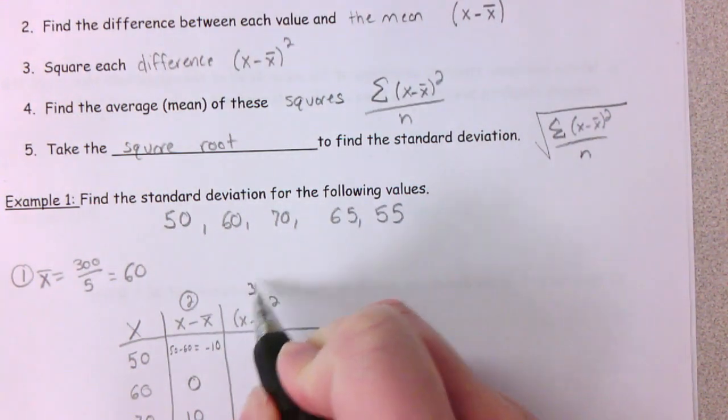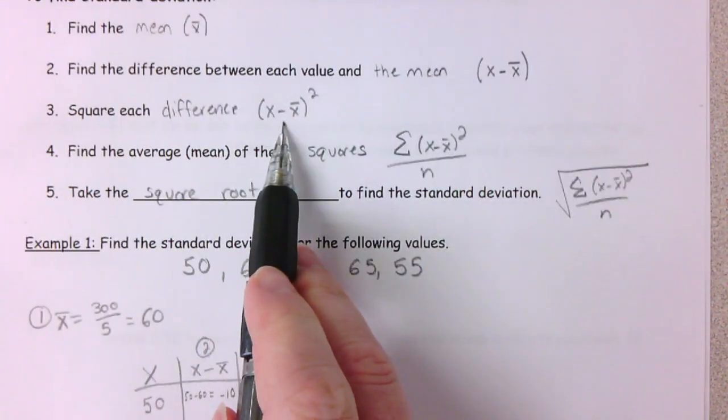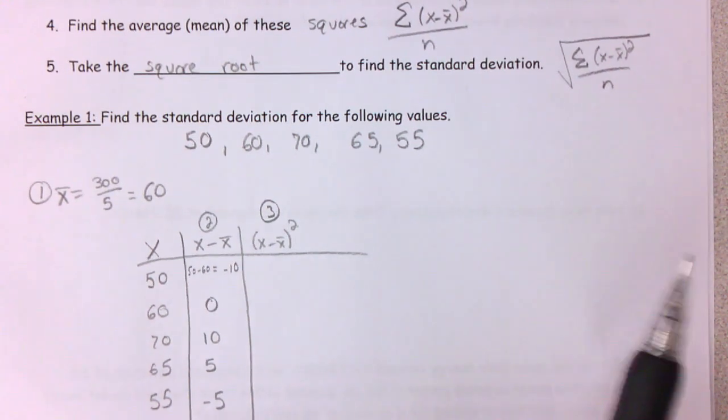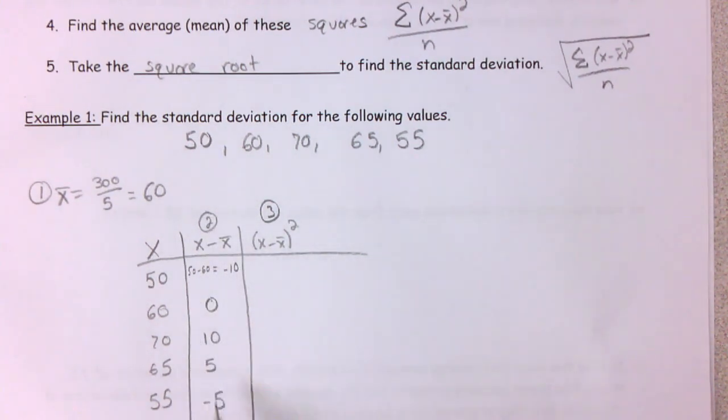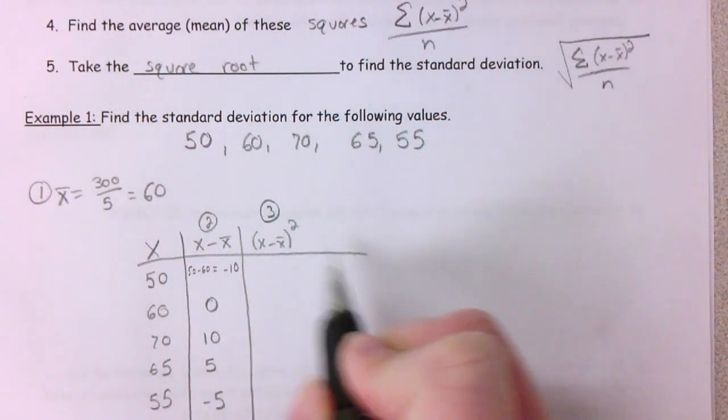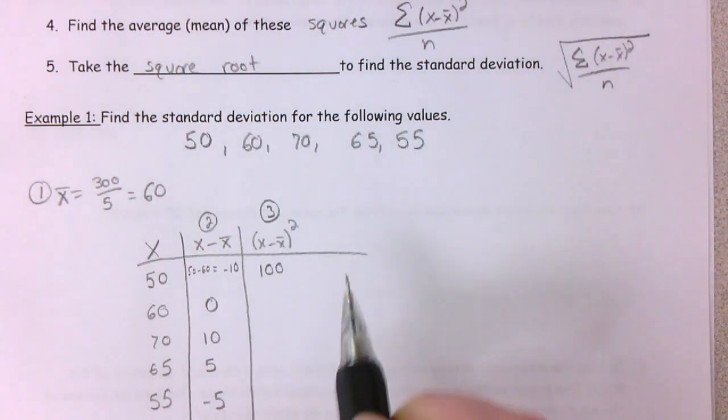Okay? Then step 3 is just to square those numbers. So I'm going to take all the numbers in step 2 and I'm going to square them. So negative 10 squared, remember when we square it, they all become positive. That's kind of why we do this step.